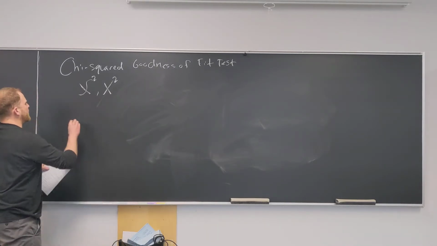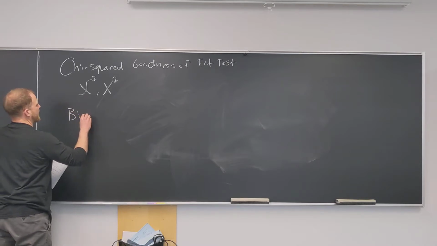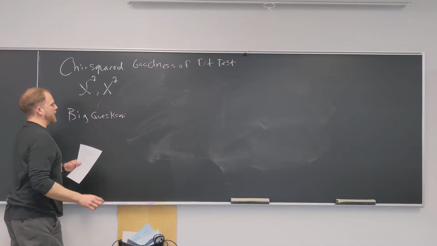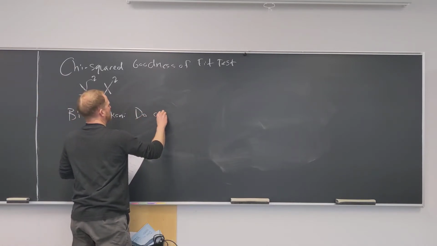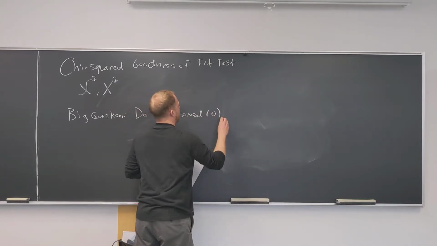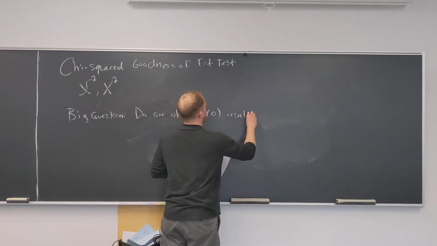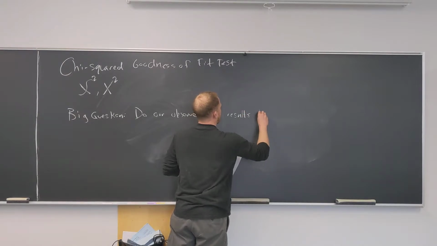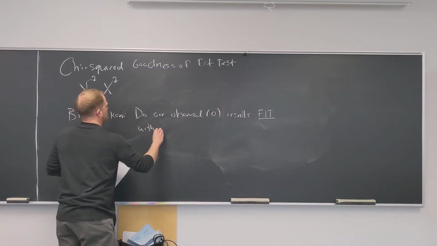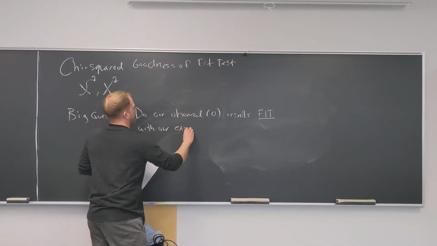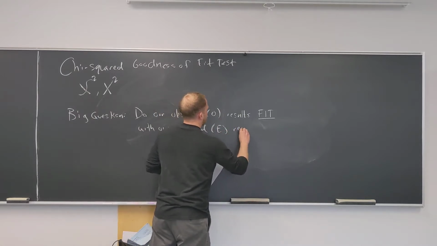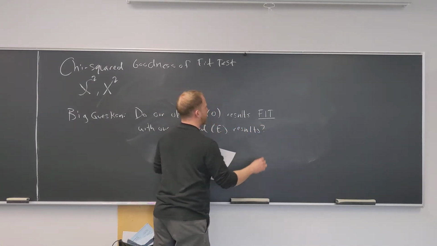Okay, so the big question that drives this statistical test is, do our observed results, I'm going to call this the O, fit with our expected results? We'll call this the E. Okay, so it's a goodness of fit test.